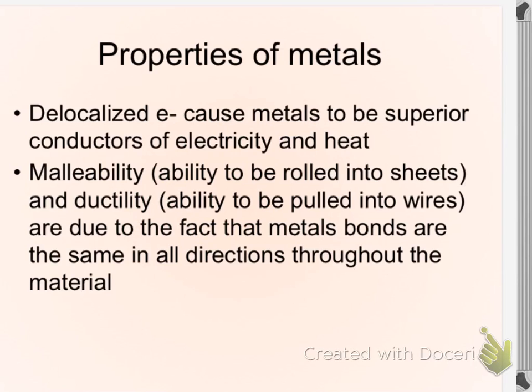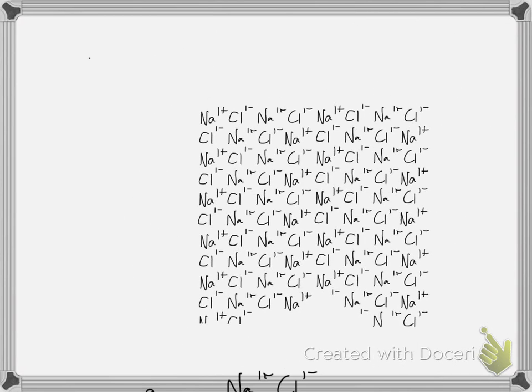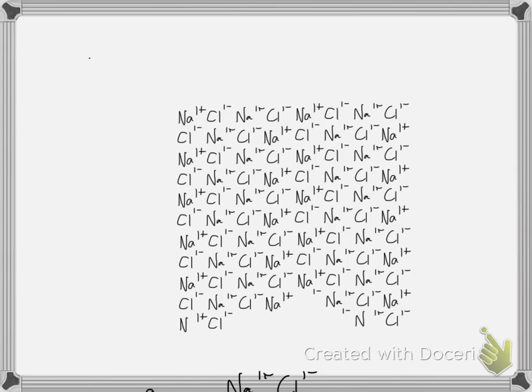Let's contrast that with an ionic compound. Here's my big chunk of salt, and I'm actually going to shrink this down a little bit. Doceri is a wonder. So here's my big chunk of salt, and I'm going to hit that chunk of salt with a big mallet of some sort.